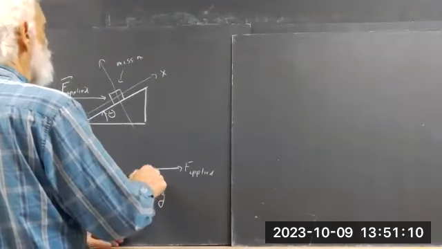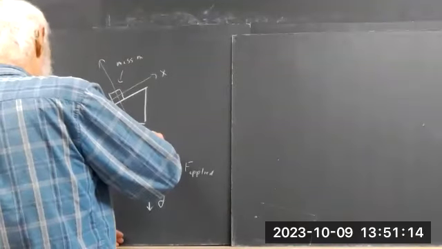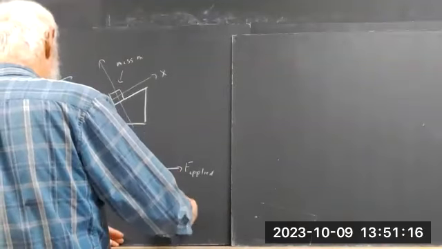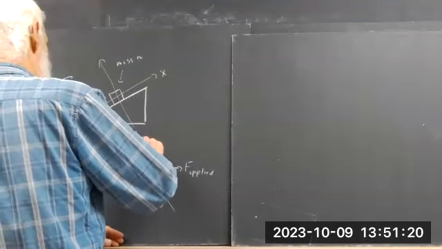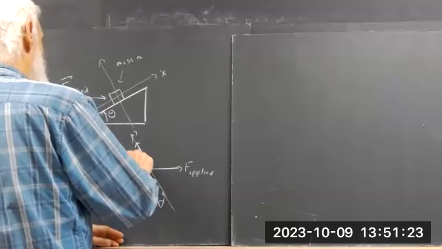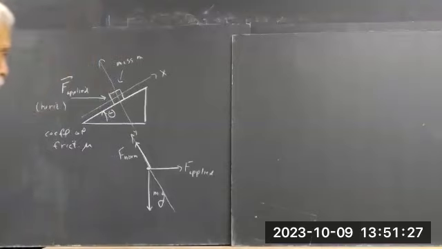And you've got now your normal force. And you want the normal force to be parallel to the y-axis, so you're going to tilt your axes so that y is here. So here's your normal force. And that's it.